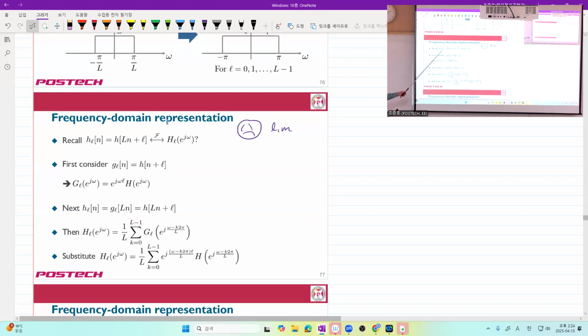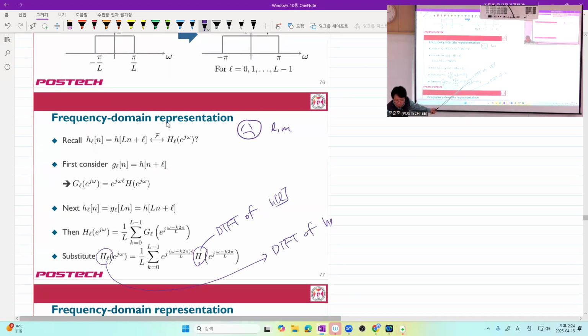And what we do is that we compute h sub L in terms of capital H. Got it? So this is the DTFT of h of n, and this is the DTFT of h sub L. I really hate that the authors use L again.